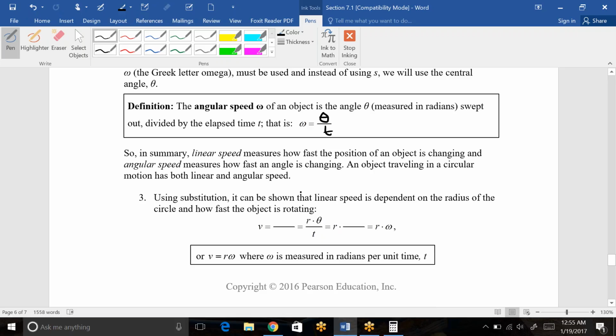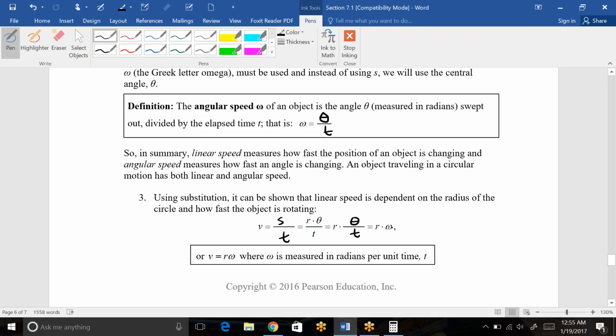So using substitution, I've already kind of done this up ahead. Remember we said that v was s over t and s really was r times theta. So what they're saying here is that r times theta over t, because you can bring that out, because that's just separating this into two separate fractions: r over 1 times theta over t.